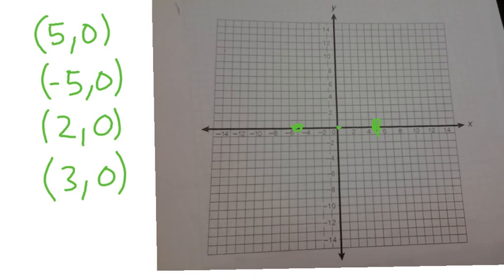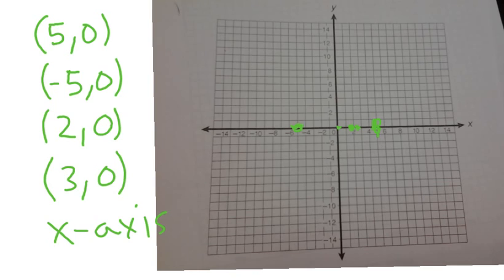Negative 5, 0. 2, 0. 3, 0. So all of these points lie on the x-axis. So you just learned something.